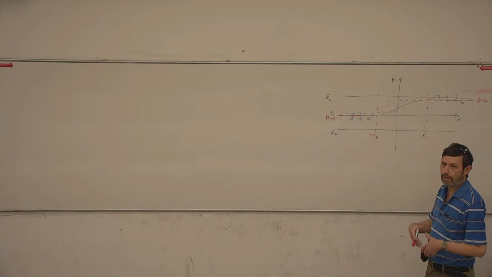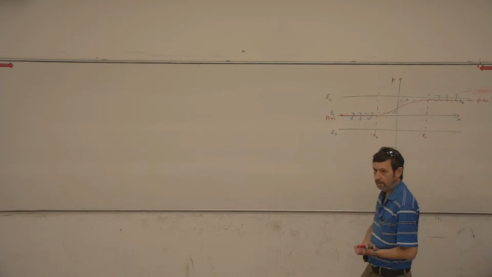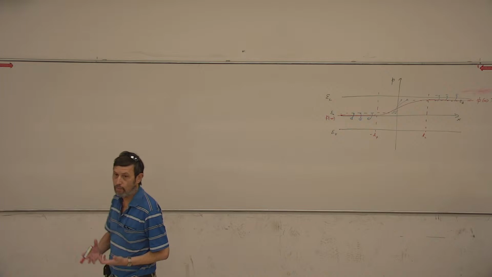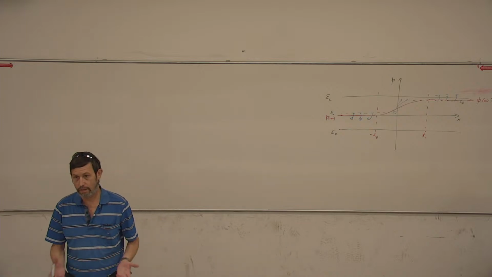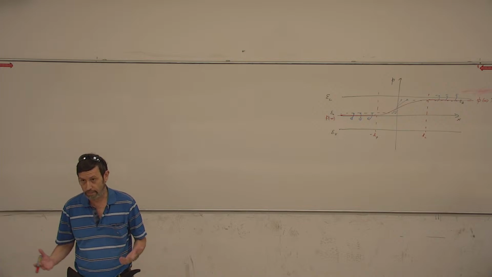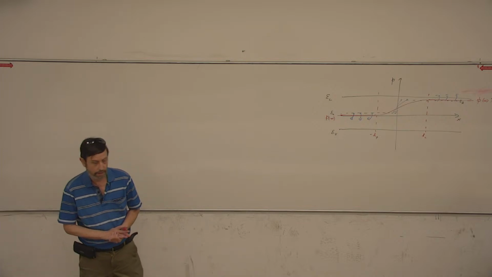What happens when we want to pass current through this structure? Okay, it's not a normal conductor. First of all, it's a semiconductor, basically similar to an insulator.